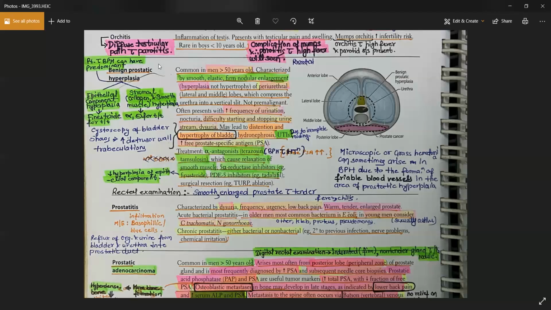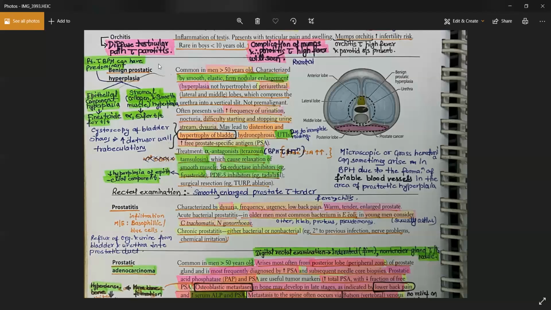If you have hyperplasia in the epithelial component, then it is under the direct regulation of DHT, so you can give the patient finasteride. If Step 1 asks how finasteride works here, please note it will cause atrophy of the epithelial component in BPH.